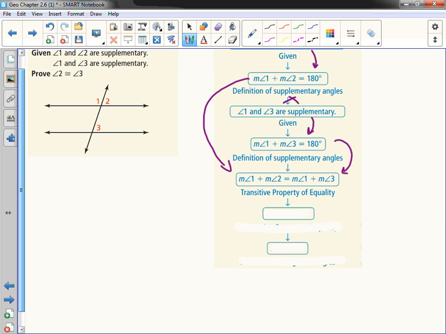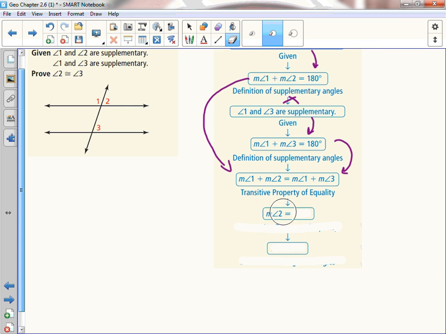Now, since we're just talking about the measures of these angles, angle 1 and angle 1 are shared in both of them, yes? And they're just a number. So what I can do is subtract the measure of angle 1 from both sides and get what?